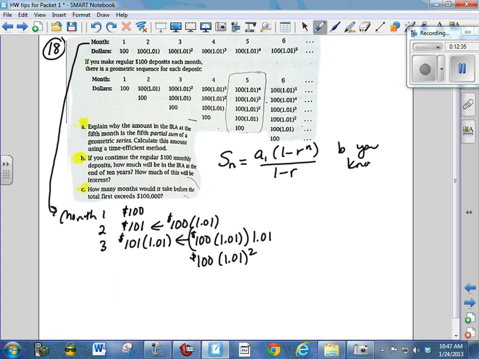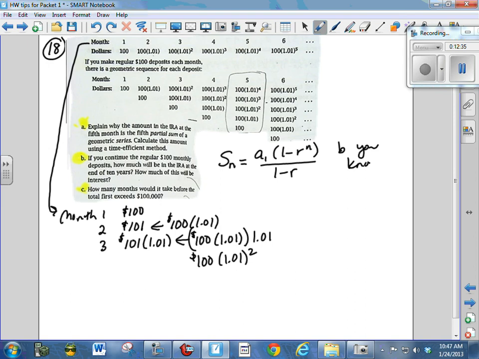You're just finding the sum. In Part C, you're told that the sum, S sub n, is equal to $100,000, and you want to find n.